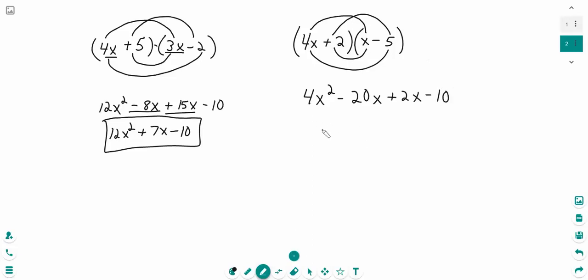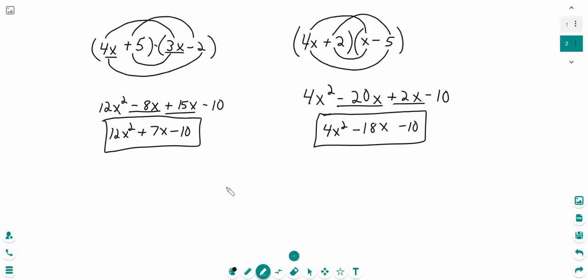And then we can combine like terms. We have 4x squared, minus 20x and a positive 2x are like terms. So we end up with a minus 18x minus 10. That is our solution. Very straightforward. Once you get the hang of these, they're actually kind of fun. All right. Let's keep going.